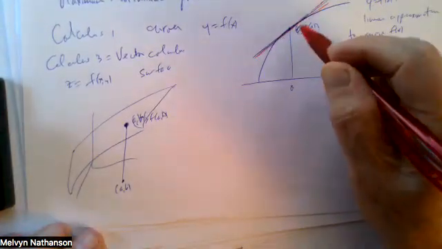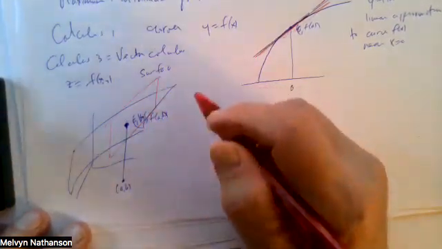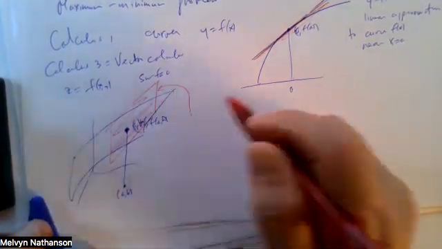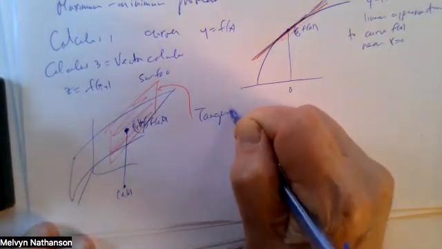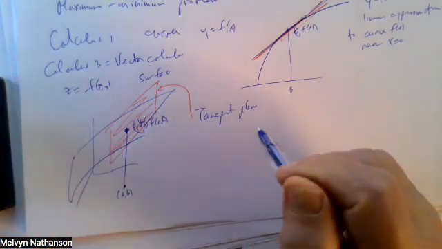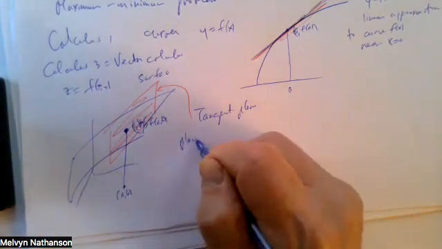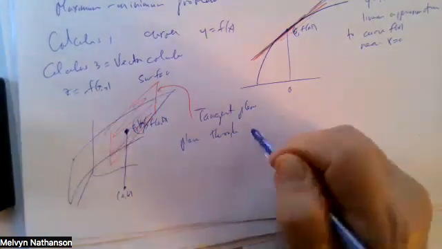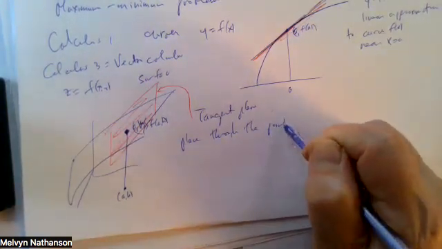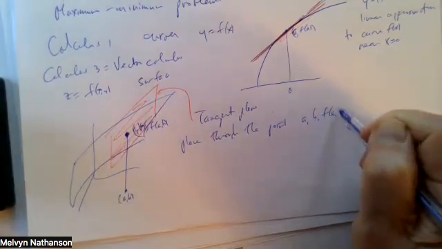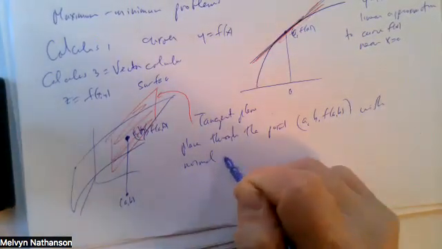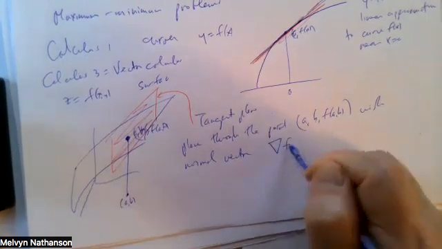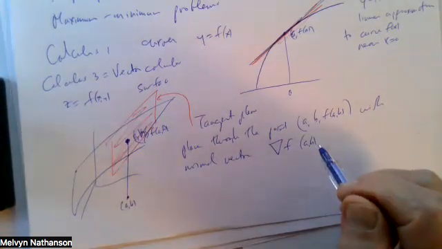Analogous to the tangent line to a curve, you have the tangent plane. This is the plane through the point A, B, f of A, B, with normal vector equal to the gradient of f at A, B.